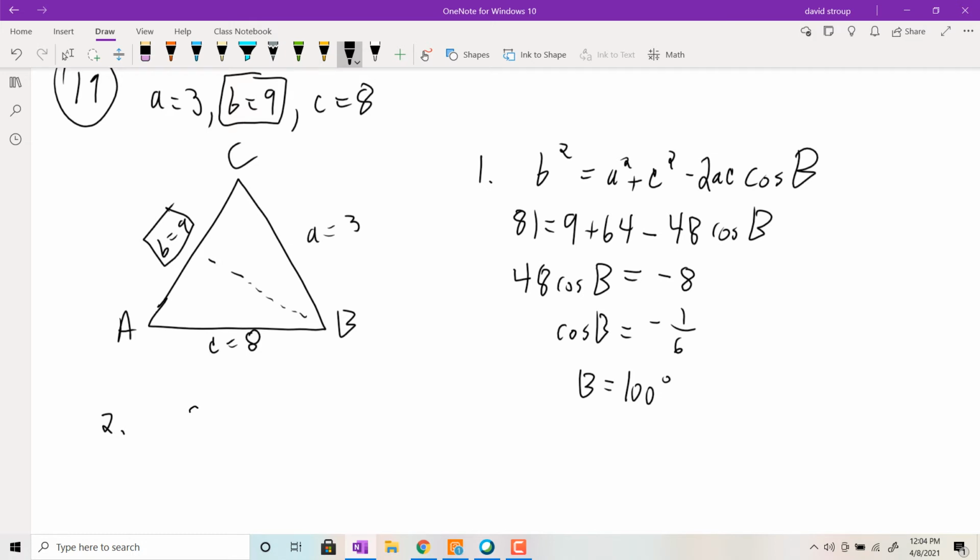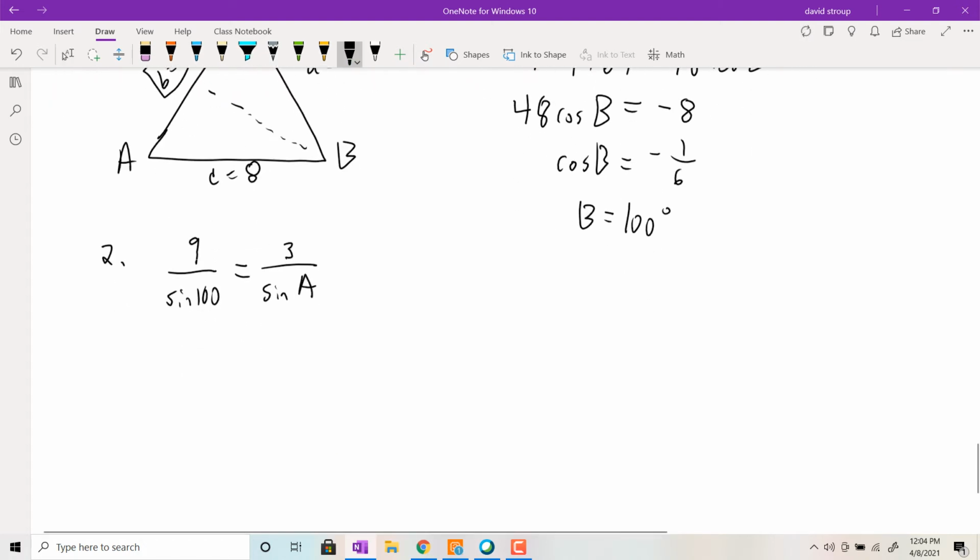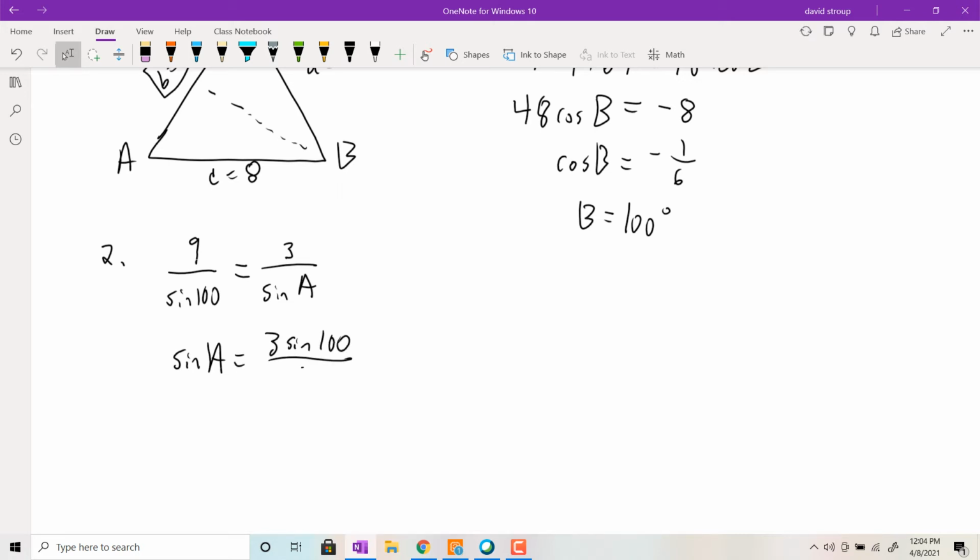So I have law of sines, then 9 all over sine of 100 equals, what did I say? The A. I want to do the A value. So 3 all over sine of big A. So solve for sine of A. Get sine of A equals 3 sine of 100 all over 9. Take inverse sine on both sides, and you'll get A is approximately 19 degrees.